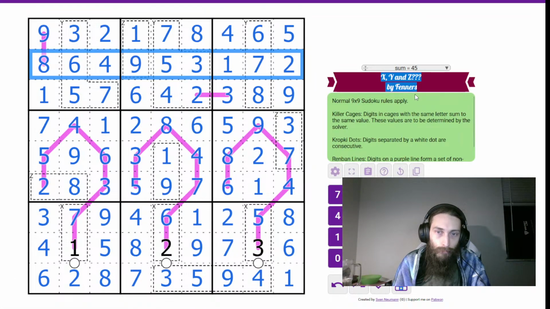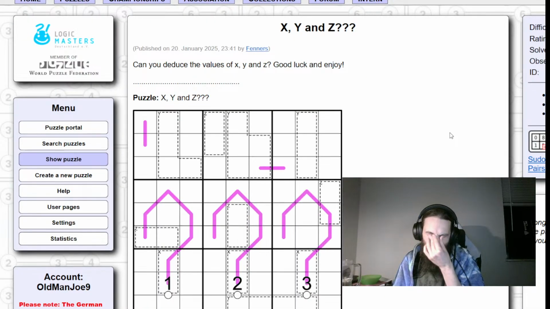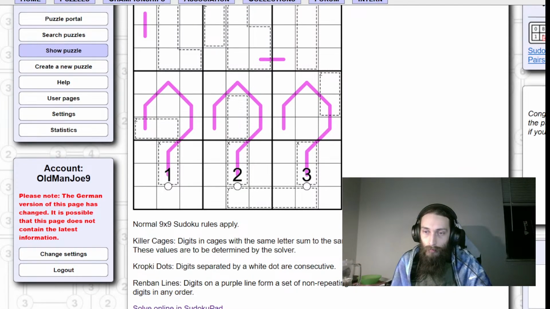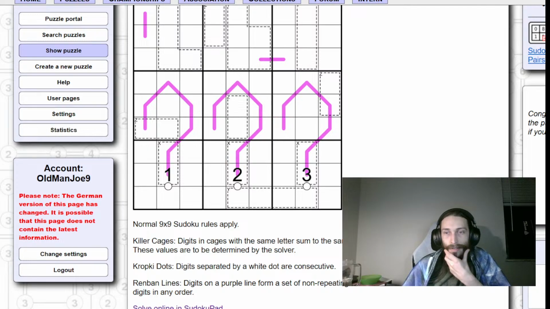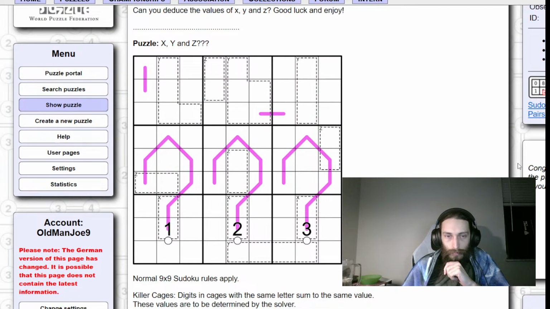Very nice puzzle. Might say this is a very easy puzzle. It was pretty darn easy.